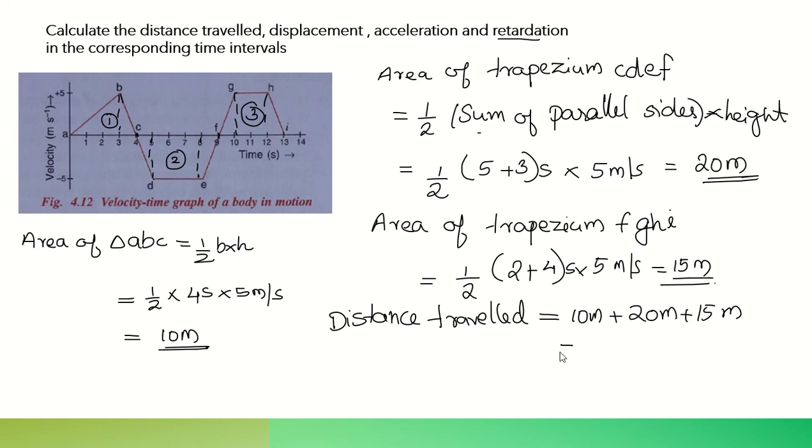So we get 45 meters. 45 meter is the distance traveled by this object.